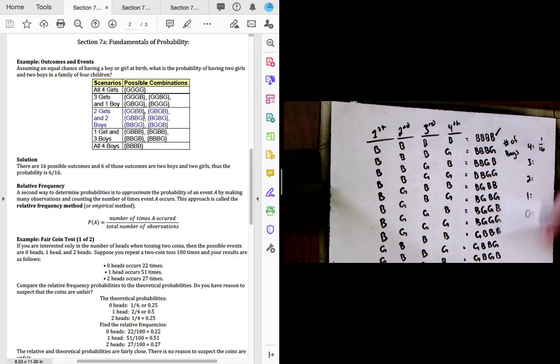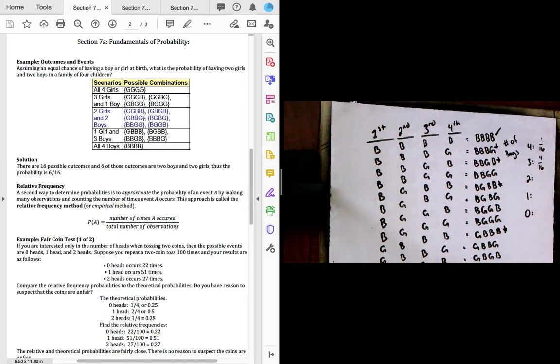So I go through my list and I find 3 B's. I have one here, here, here, here. Looks like I found 4 of them. 1, 2, 3, 4 spots where I had 3 boys. So for the 3, I'm going to write out 4 out of 16.